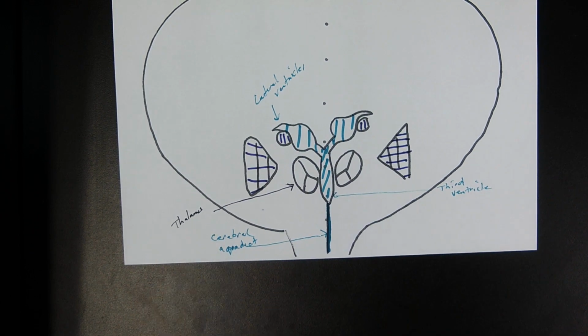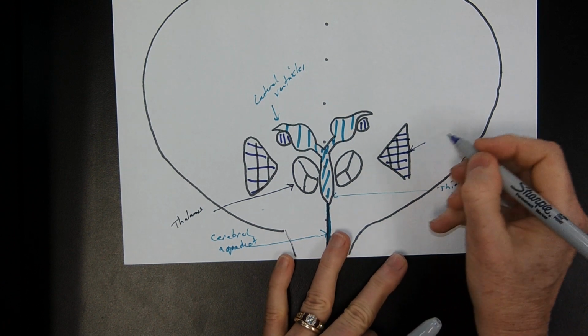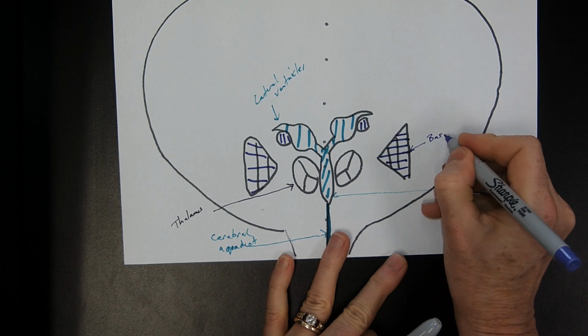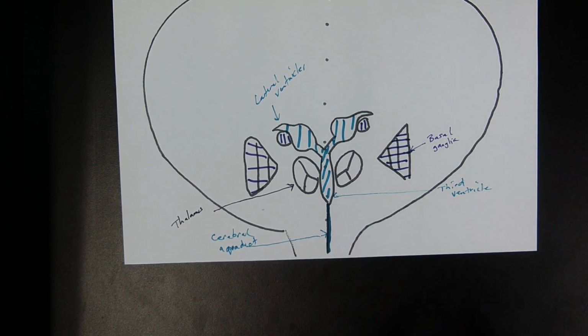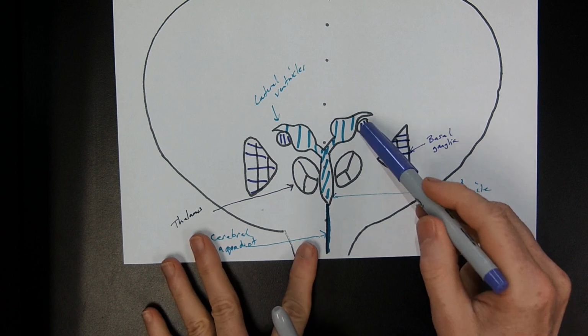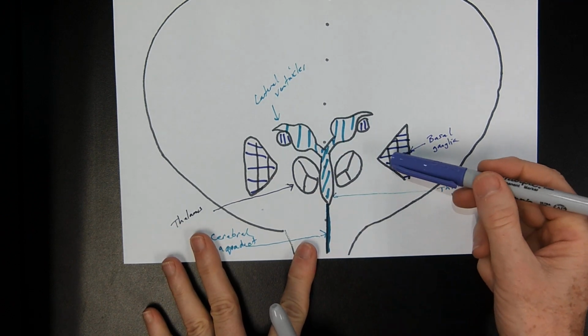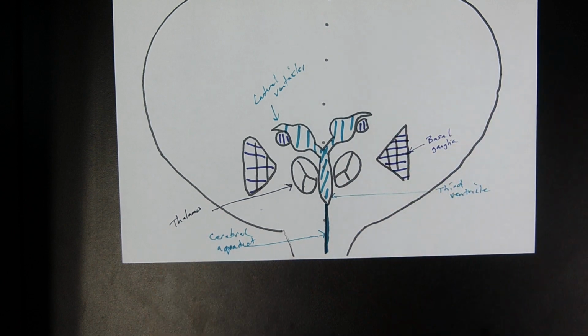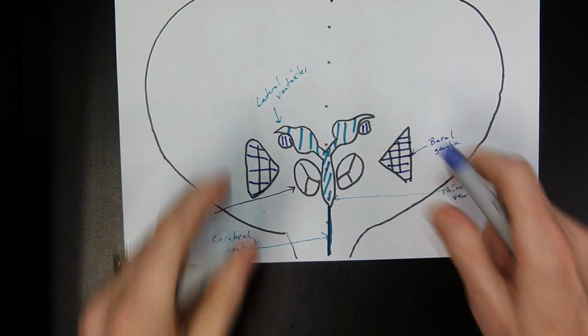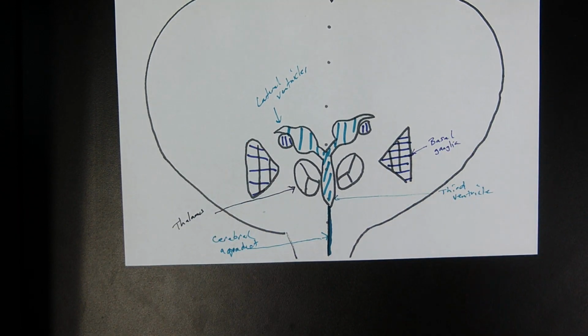Those are going to be your basal ganglia, important for initiation and amplitude of movement. In general, lots of different nuclei: you have your caudate nucleus, globus pallidus internus and externus, and putamen. We'll worry about all of that later. But for right now, consider this a collection of things called the basal ganglia.